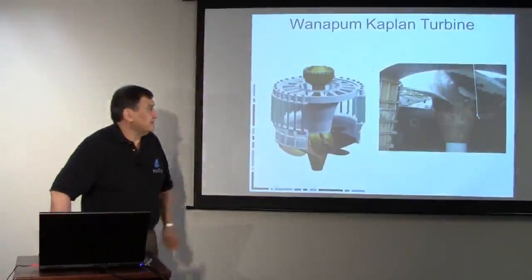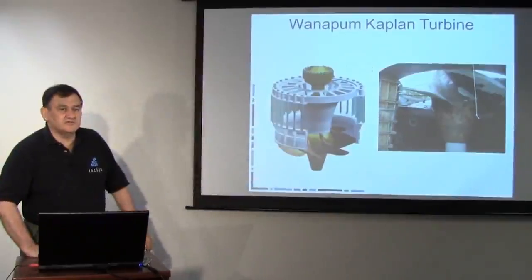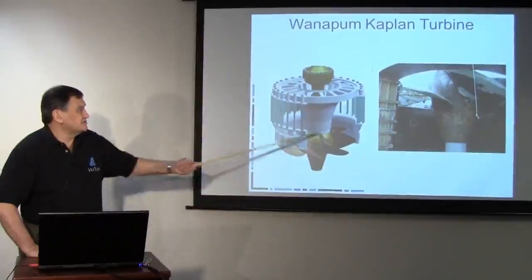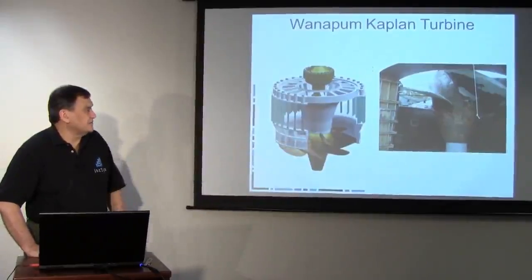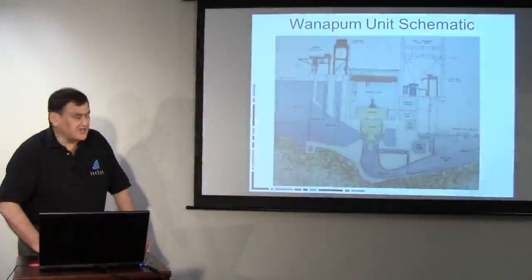This is an actual shot of one of the used turbines as they went through and refurbished all the units and upgraded them. It clearly shows the type of rotors and blades we have on those types of turbines. One of the things you have to watch for is what's called cavitation.